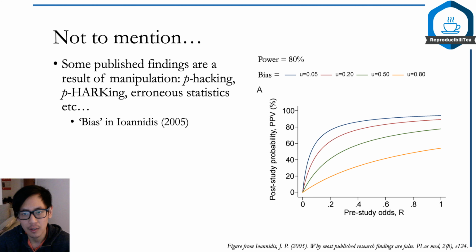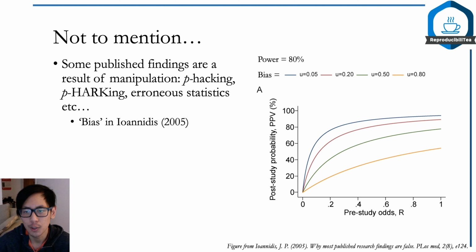And this could be a result of p-hacking, which is when you increase your sample size to try and find a significant effect, or p-hawking, which is looking for significant p-values to say what your hypotheses were, and erroneous statistics and other things that may push non-significant results into significant results.